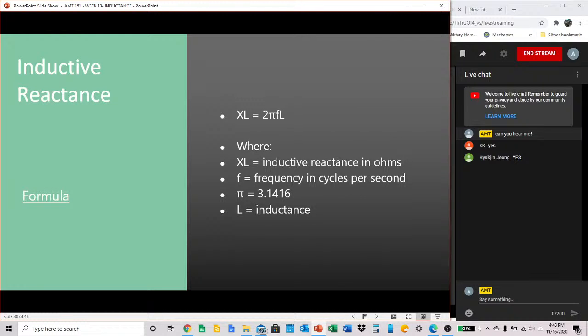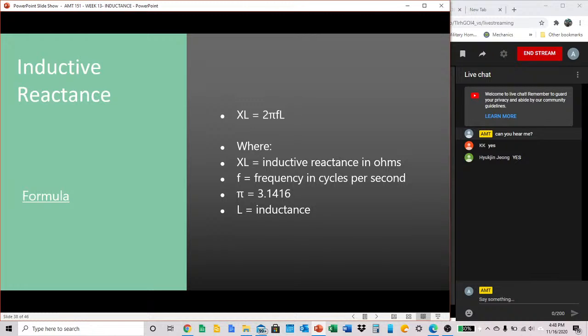So what's our formula for inductive reactance? I think hopefully you guys went over that video from the last lecture, and I believe it had a few examples of using this formula. Our formula for inductive reactance is XL equals 2 pi F L. XL is the inductive reactance measured in ohms.